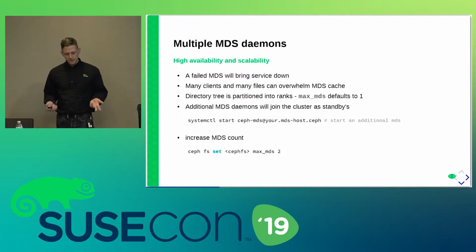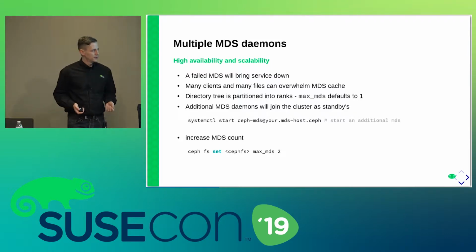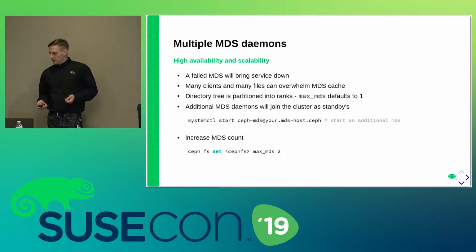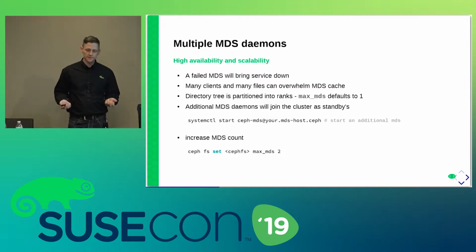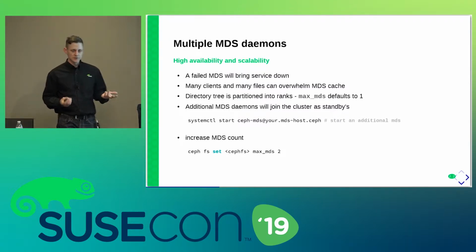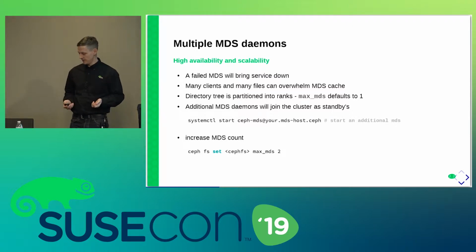And the daemon that we've just started up here will then join as an active daemon, and they will actually partition the directory tree that you have in your CephFS between them fully automatically and based on load. So this covers high availability and scalability. Of course, you always want to combine those two approaches. In fact, Ceph will complain if you don't have at least one standby MDS daemon. It will give you a warning because it just considers this a necessary requirement.